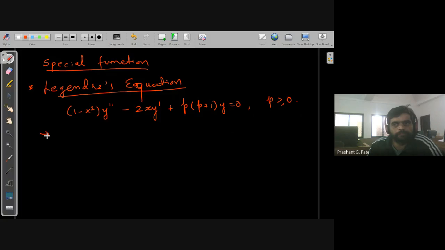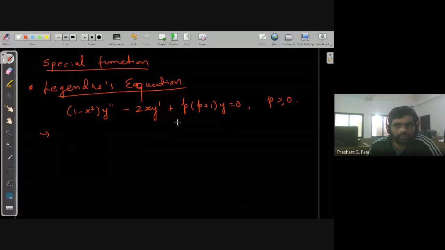So here we'd like to obtain a solution of this Legendre equation at its ordinary point x equal to 0.